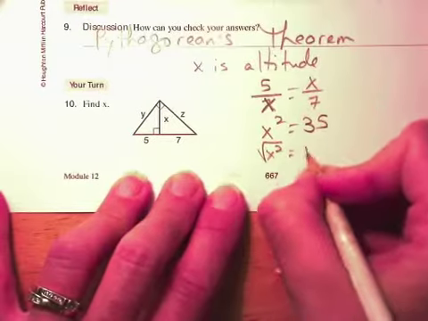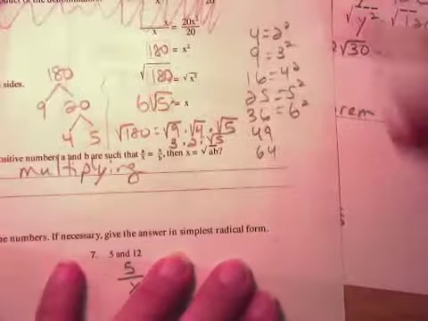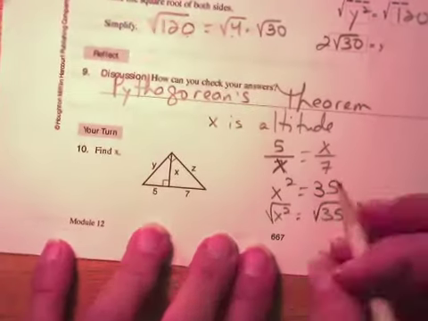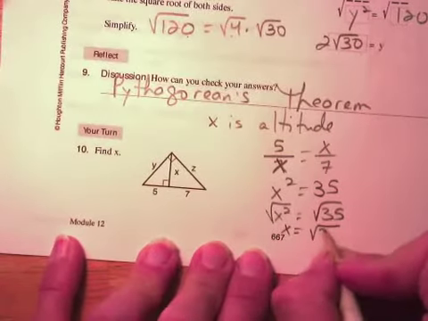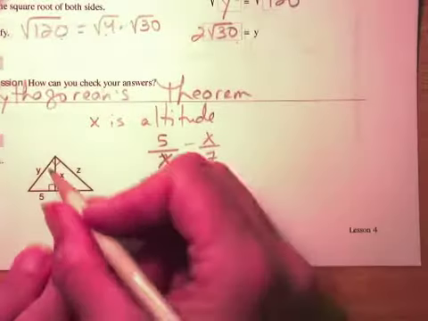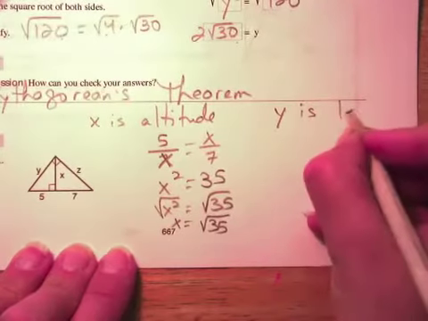I have x squared equals 35. I take the square root of both sides, and 35 isn't divisible by any of these numbers. So x is just square root of 35.